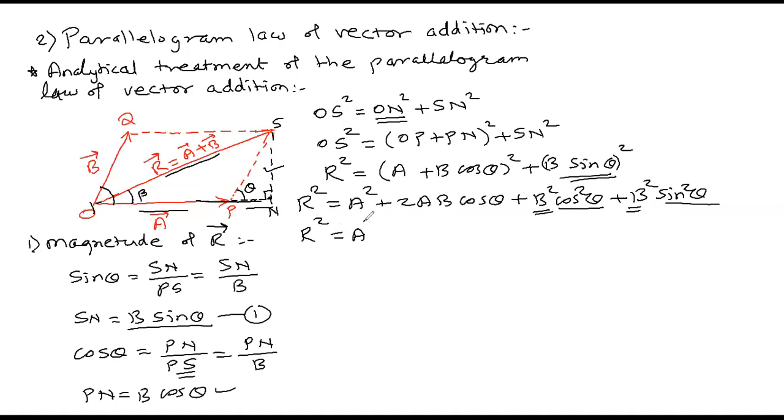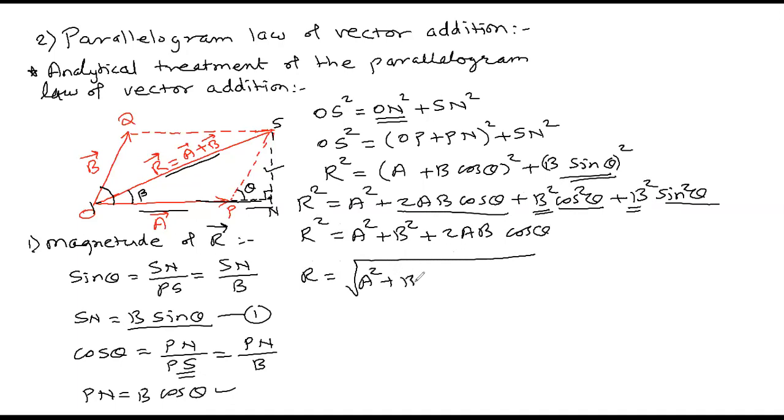And again here A square plus B square, I will take that B square here, and the remaining term is as it is plus twice AB cos theta. Or I can write R is equal to square root of A square plus B square plus twice AB cos theta. So this is the magnitude of the resultant vector R.